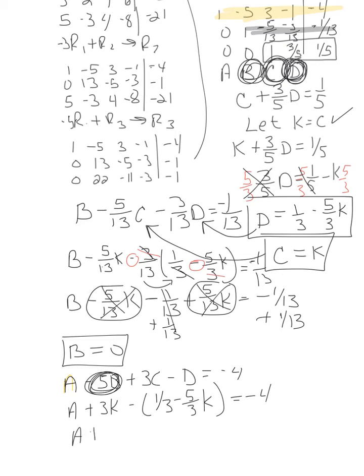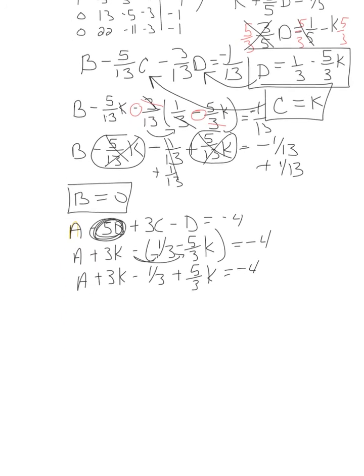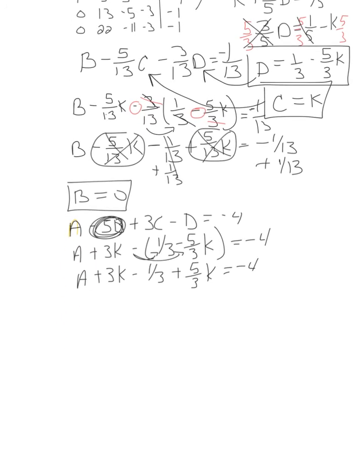So I've got a plus 3k minus 1/3, minus minus makes plus 5/3 k. Putting some of these things together, I'll add a third to both sides. So that's really negative 12/3, that's the 4, plus 1/3, so that's negative 11/3.